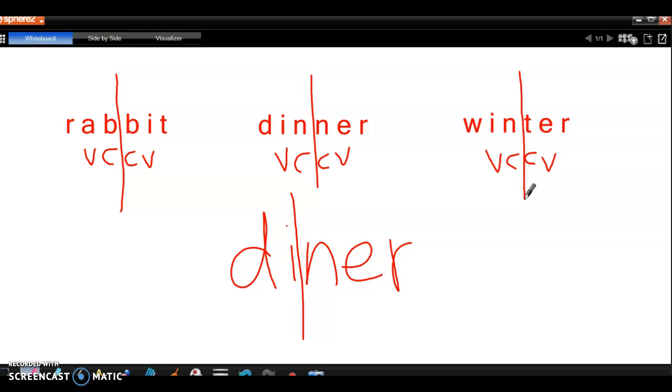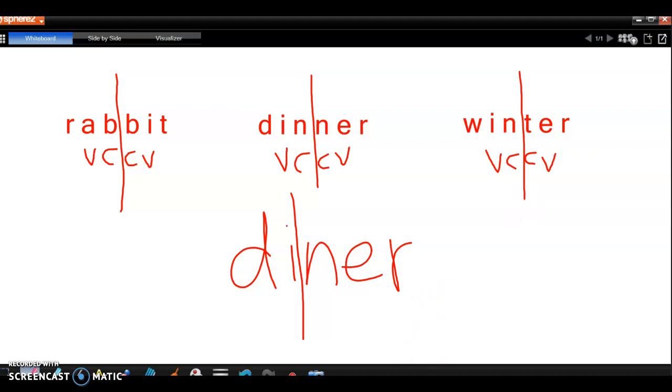Think to yourself, what makes it a closed syllable? If you said because it ends in a consonant, you're correct. If the syllable ends in a consonant, it makes the vowel sound what? Is it short or is it long? That's right, it's short. So if I got to this word in a text and I didn't know how to decode it, now I would, and I'd be able to say this word is winter, dinner, and rabbit.